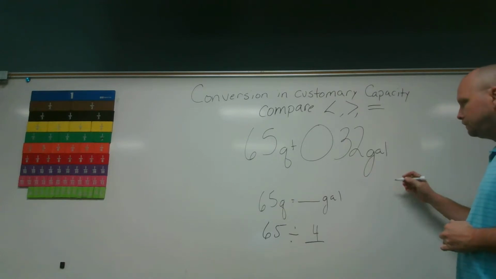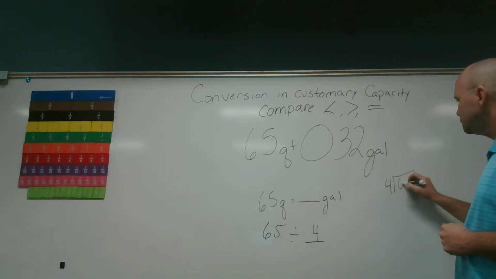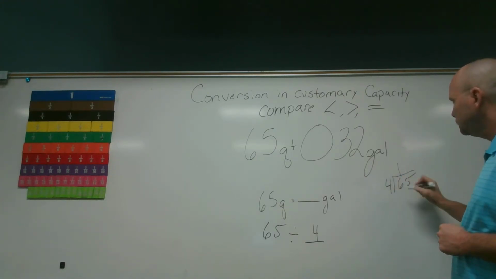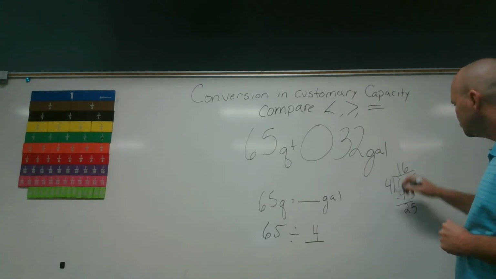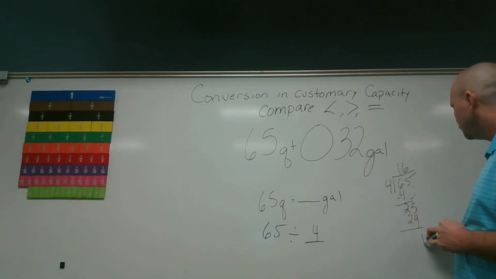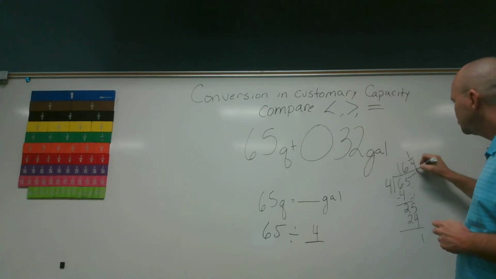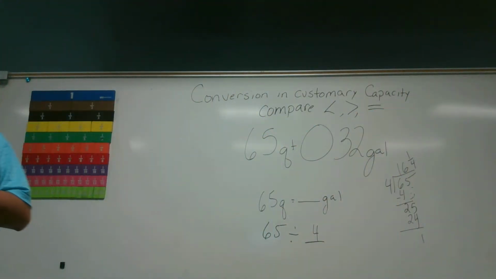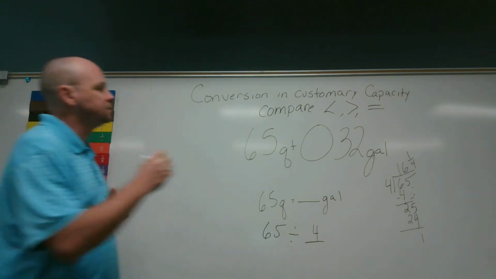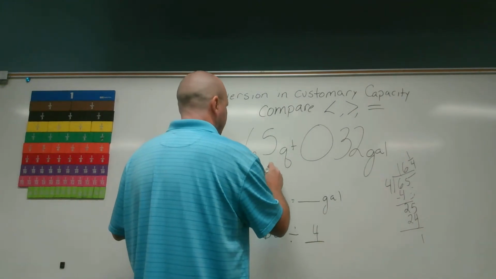I can do, let's see, 4 into 64. 25, 6, 24, 16 and 1/4. So 65 quarts equals 16 and 1/4 gallons.